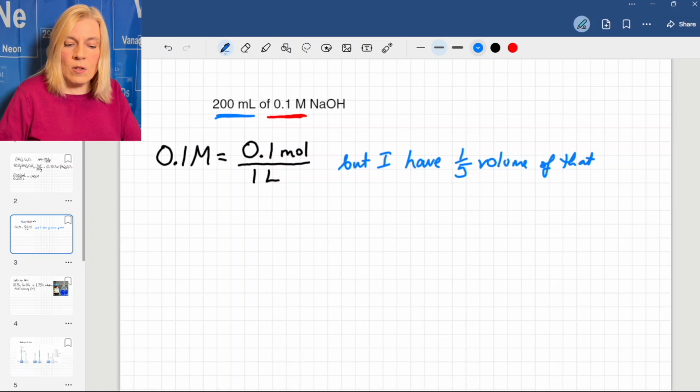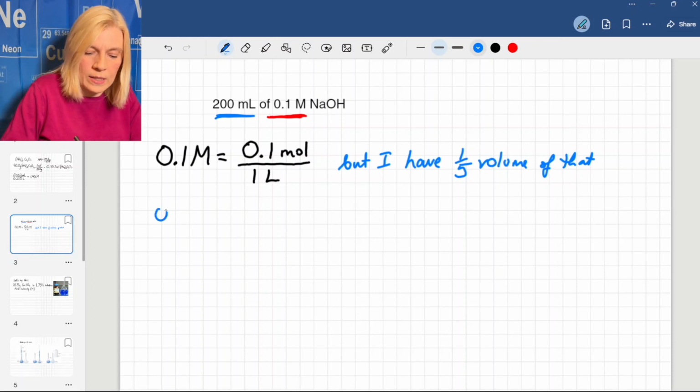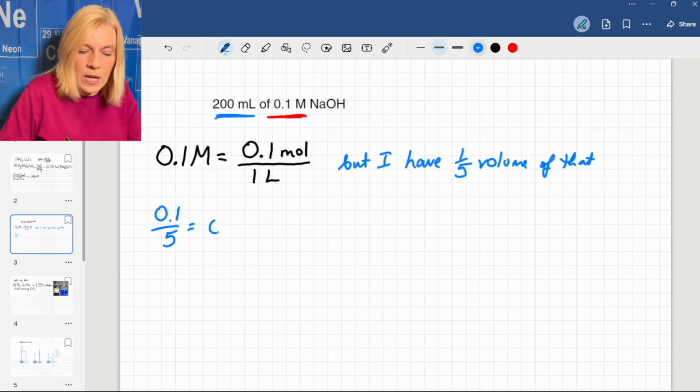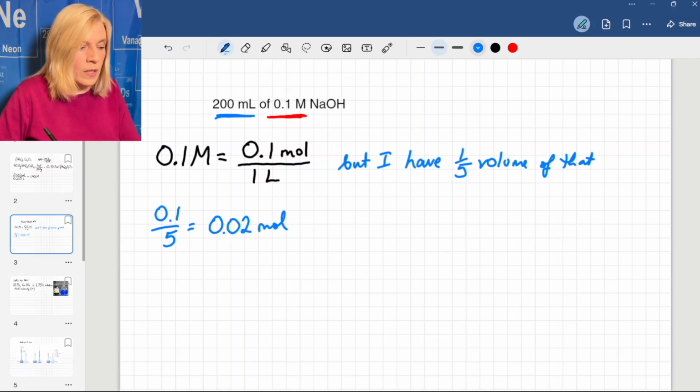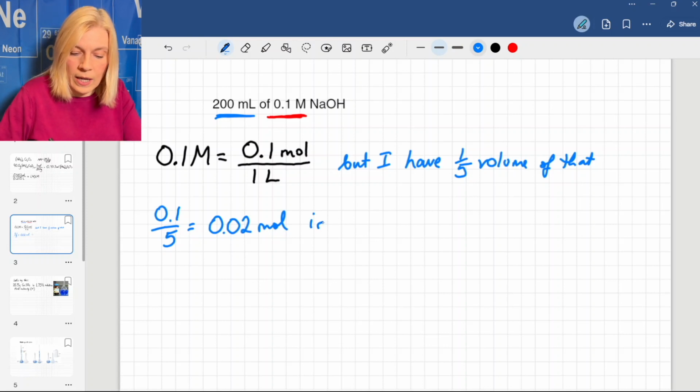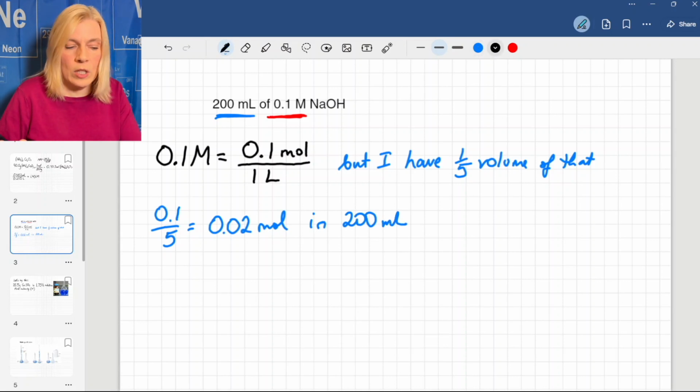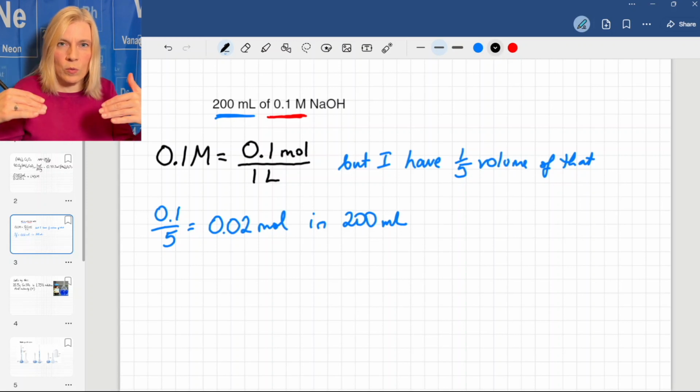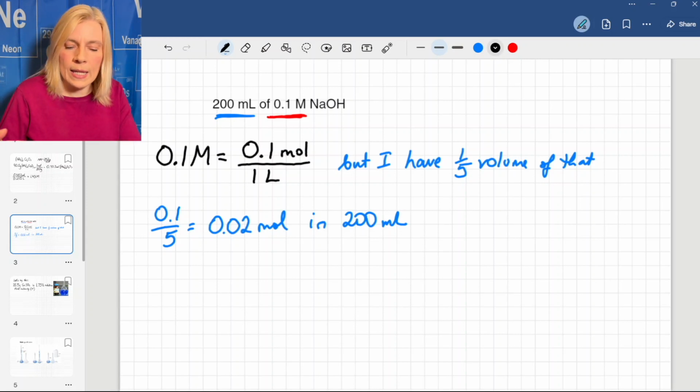So 0.1 divided by 5 will give me 0.02 moles. I will need 0.02 moles in 200 milliliters. Or I can show you how to do it with an equation. This was conceptual, thinking through with common sense, but you can also do it this way.